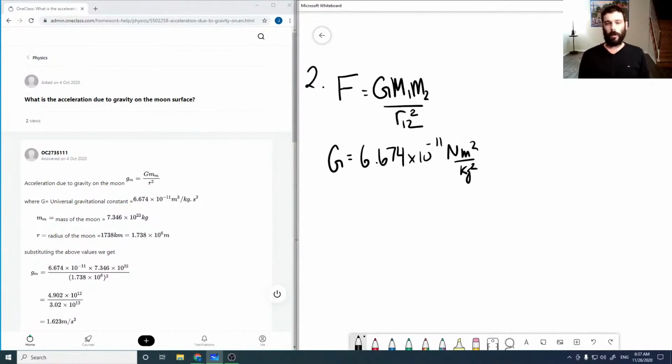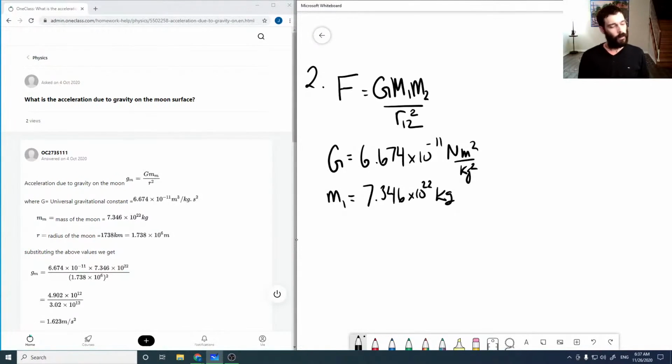Now in this example, we're going to use m1 as the mass of the moon, which is 7.346 times 10 to the 22 kilograms.